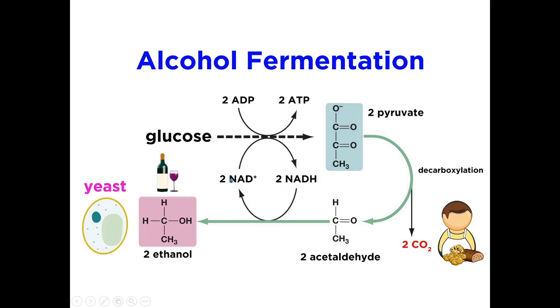It undergoes oxidation to NAD, and the protons are supplied by this NADH to the acetaldehyde, and the end product is ethanol. So as a result of anaerobic respiration, we have two molecules of carbon dioxide and two molecules of ethyl alcohol. Glucose on partial oxidation ends up in carbon dioxide and ethyl alcohol. This is anaerobic respiration.